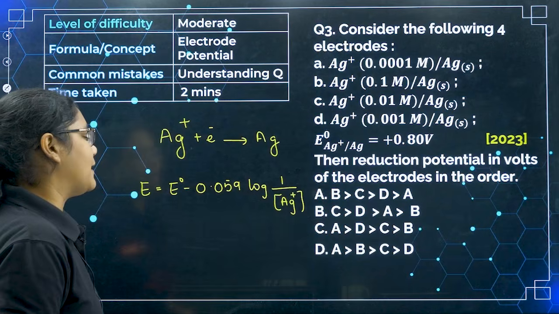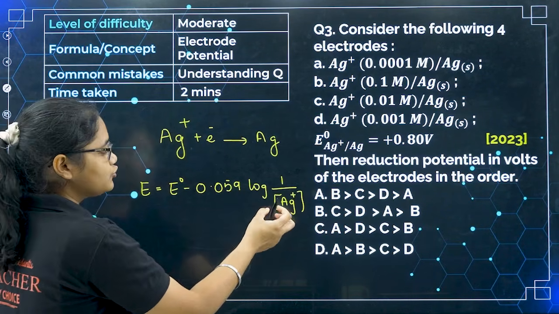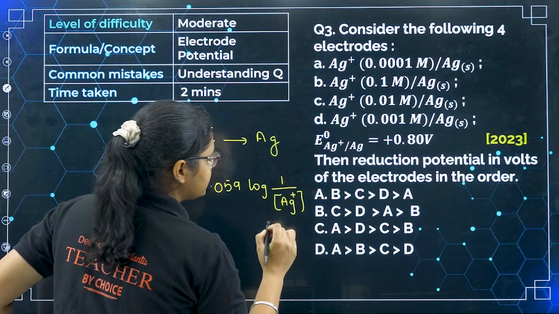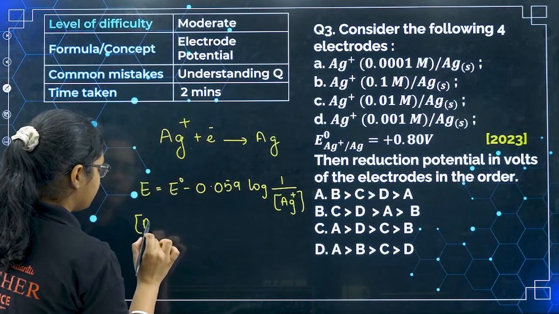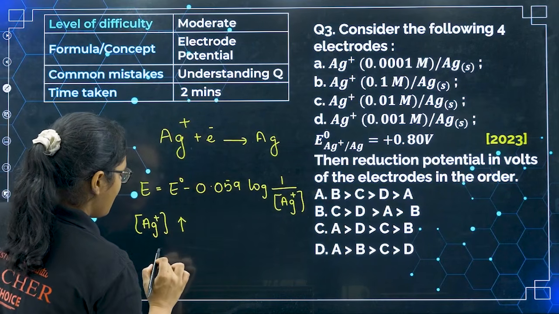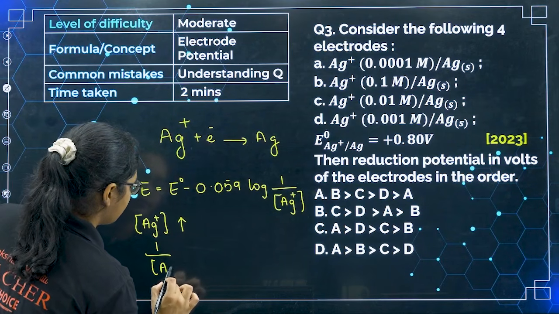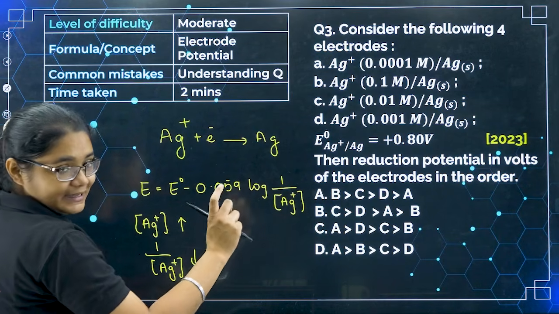Okay, now what happens? See, if the concentration of Ag plus is too high, then what will happen? 1 by Ag plus value will decrease, right? This whole number will decrease.